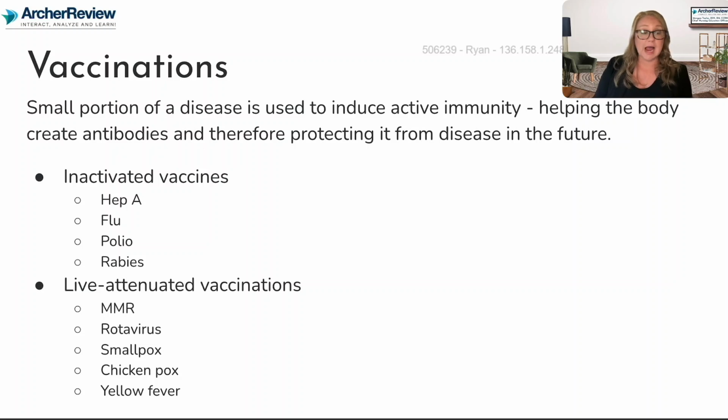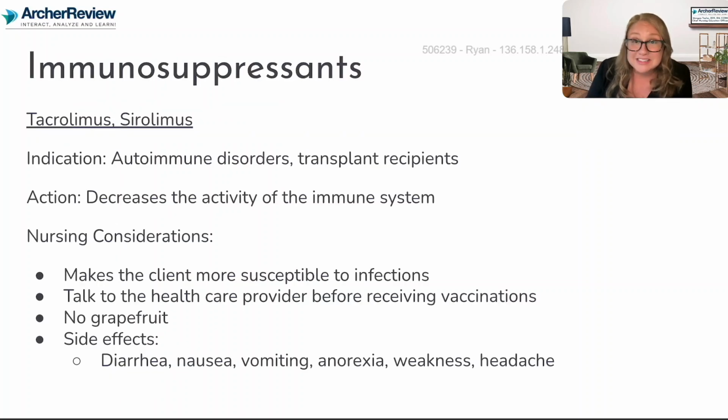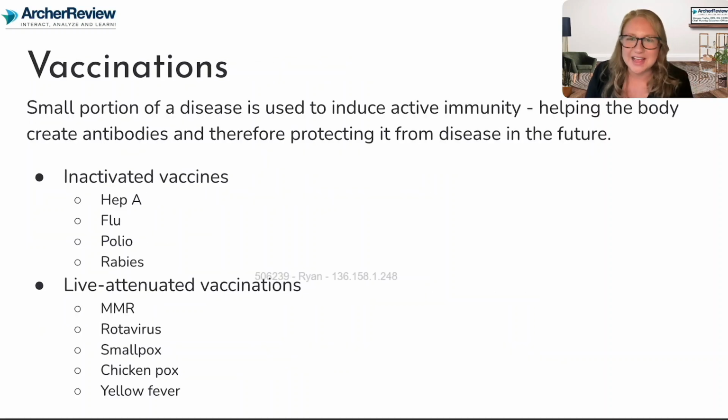Versus our live attenuated vaccines are just weakened portions of that germ that causes the disease. So they're going to cause a bigger immune boost. These are the ones that our clients on an immunosuppressant or who are immunosuppressed want to consult with their healthcare provider about.